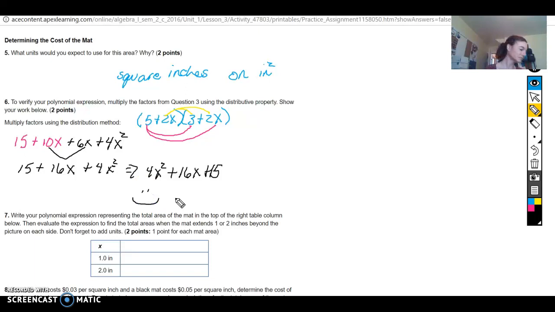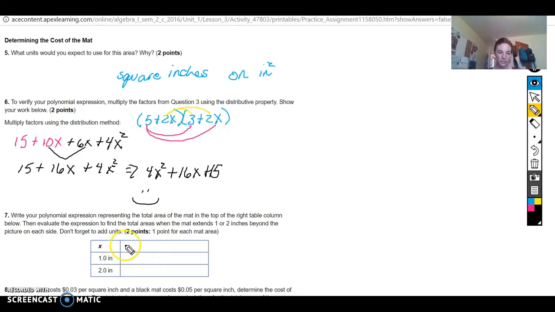Okay. Moving on to number 7, we're going to write our polynomial expression representing the total area of the mat in the top right table column, and then we will evaluate for different values of x, okay?